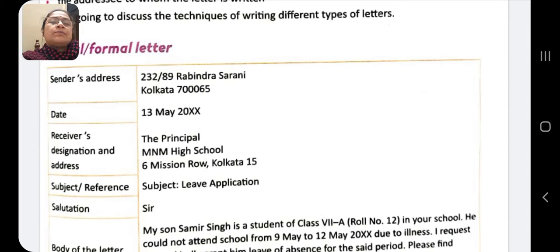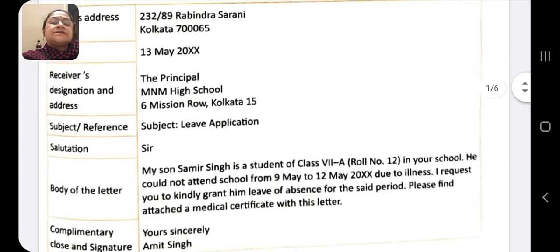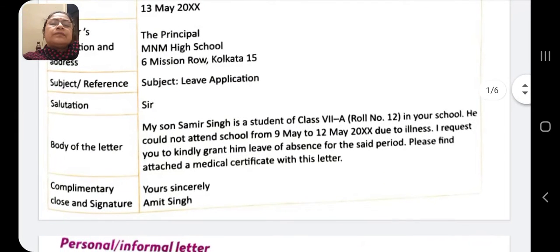If you are writing to the principal, you will write the principal. Then this is the principal's designation. Then the address, the name of the school, and the total address. Then comes the subject. The subject should be written clearly, then the salutation like sir, and the body of the letter, and the body of the letter is the most important part. Then comes the complimentary clause, and finally the signature of the writer.